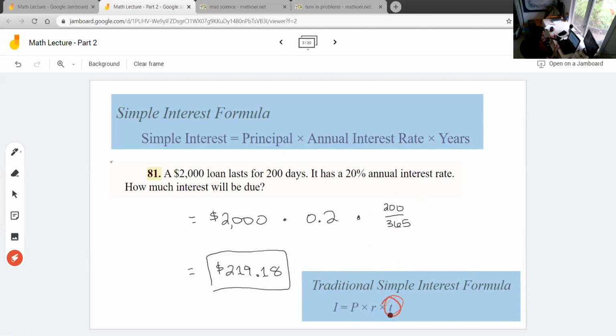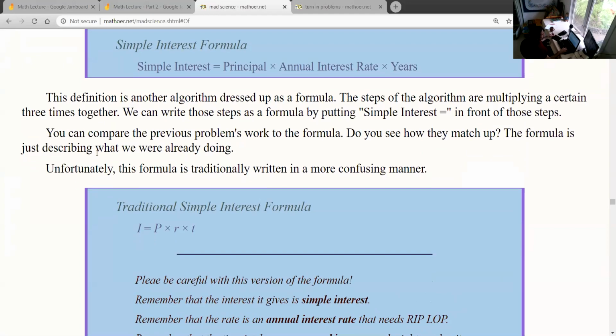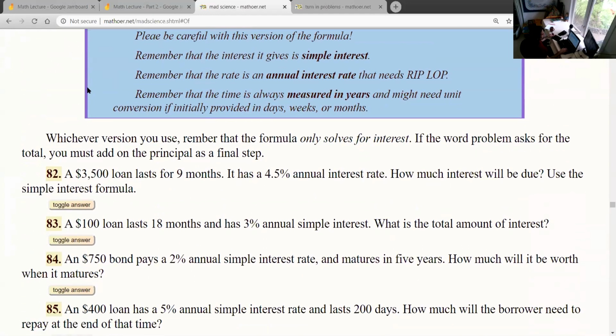But just remember that the time is something like a fraction if you're less than a year. So that's the warning there.